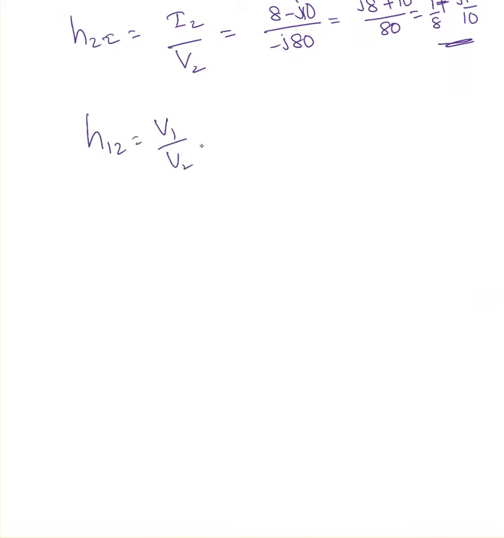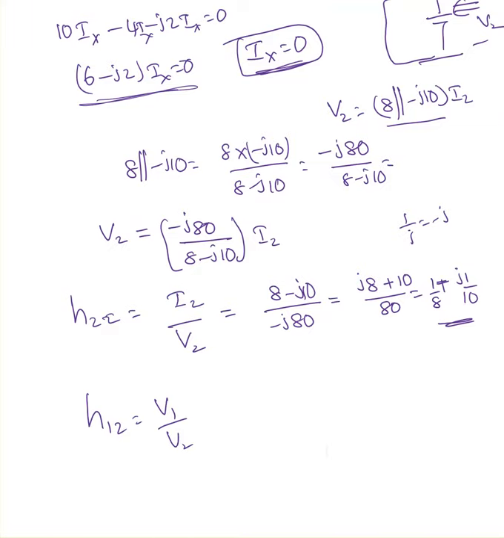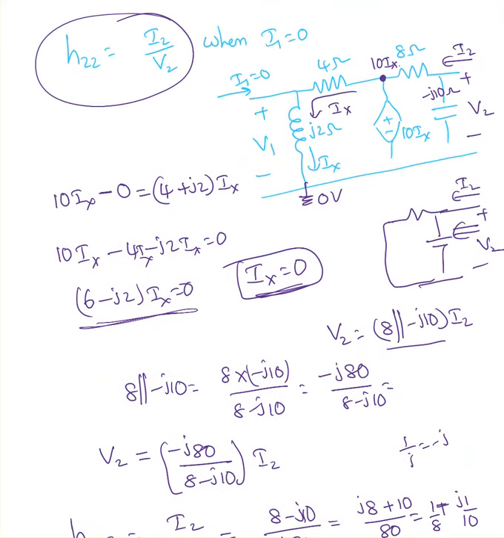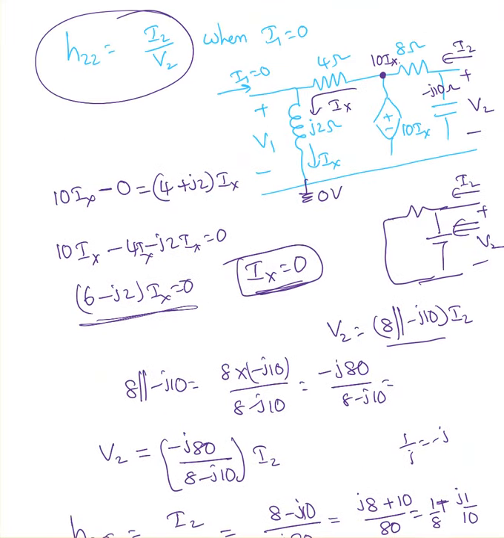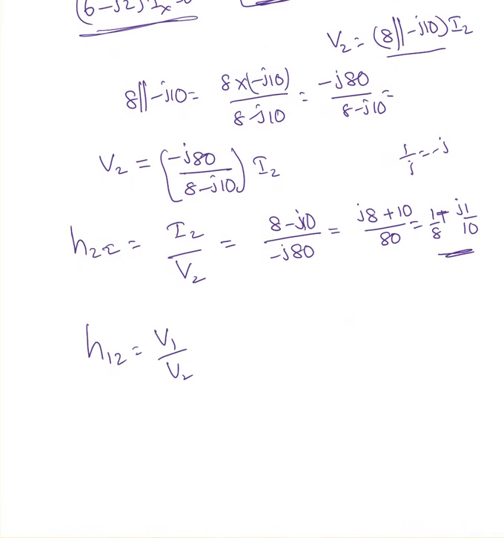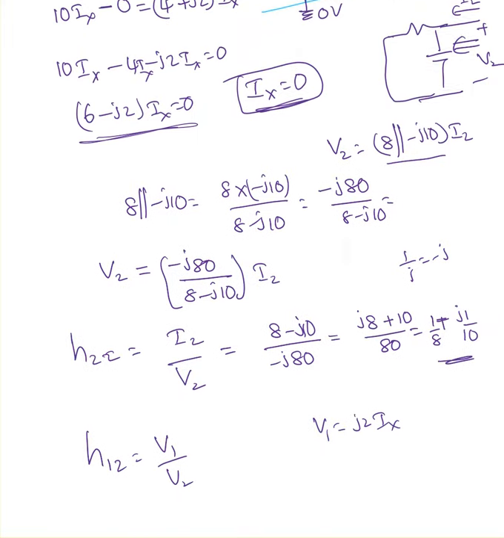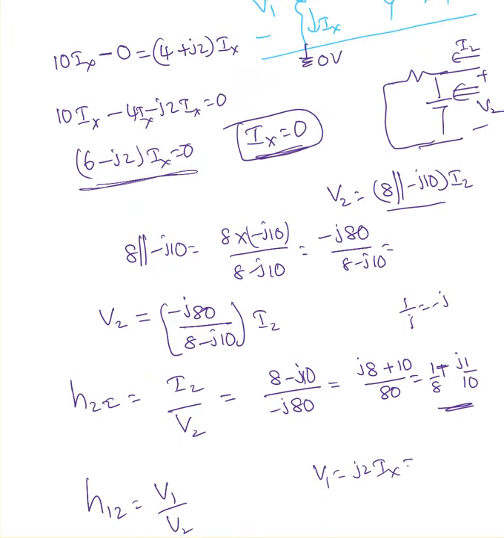V1 equal to j2 times Ix, but I found that Ix equal to 0, so my V1 equal to 0. So this value must be 0 over V2, so that value must be 0.